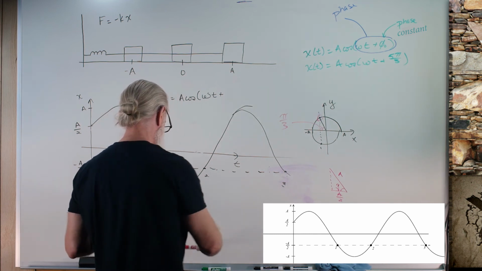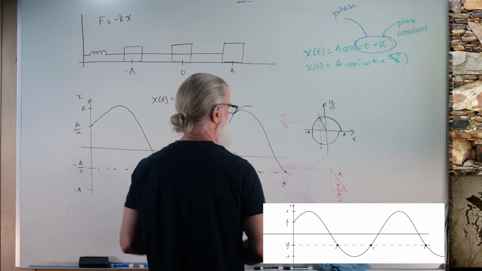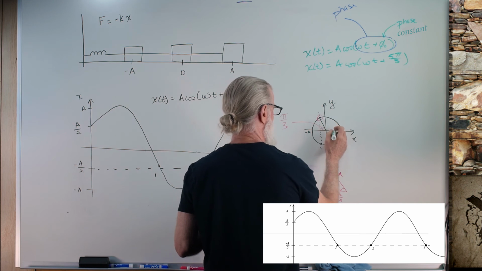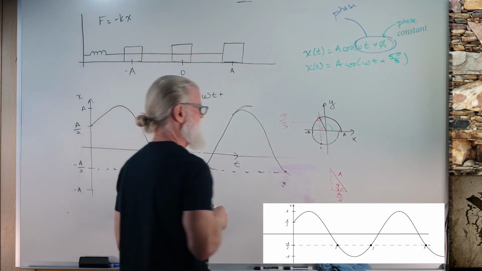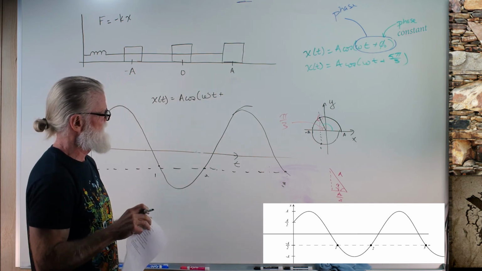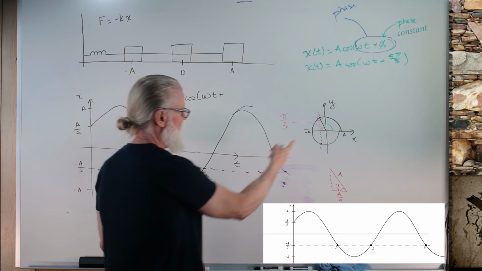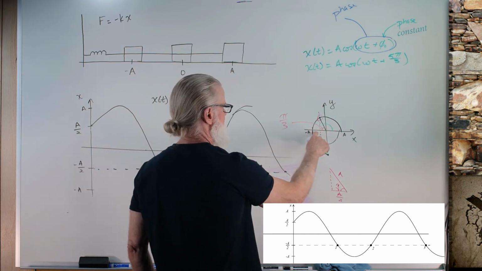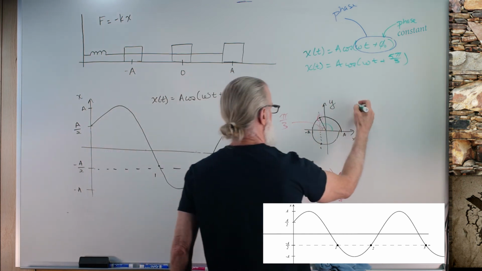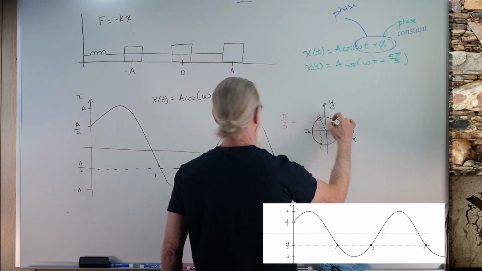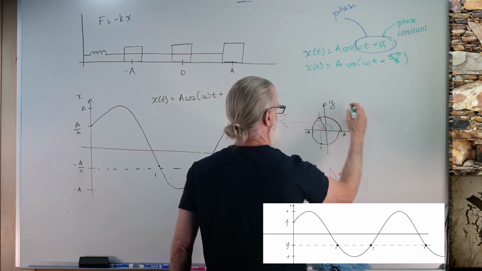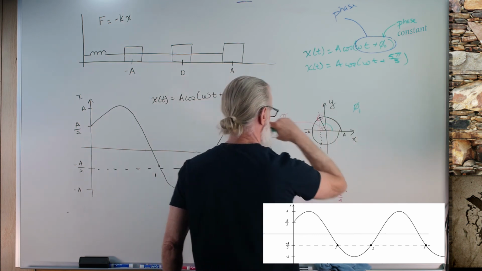Okay, but that's not the angle I want. I don't want that. I want this angle. I want that angle. All right, so what is that angle? Well, I know if I go all the way around to here, I'll call that phi 1, I guess.